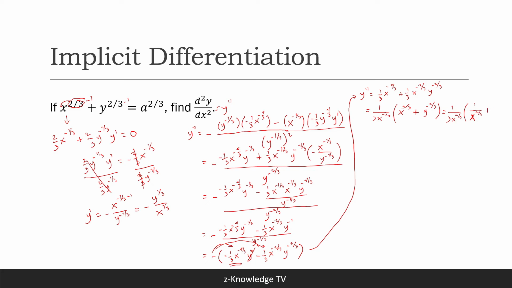Tama? Plus 1 over y raised to 2/3 na lang din. So, positive na 'yung exponent. Kapag pinerform natin 'yan, o mas sinimplify pa natin, magiging 1 over 3x raised to 2/3 times, cross multiply natin, y raised to 2/3 plus x raised to 2/3 over, so product ng dalawa, x raised to 2/3 y raised to 2/3.